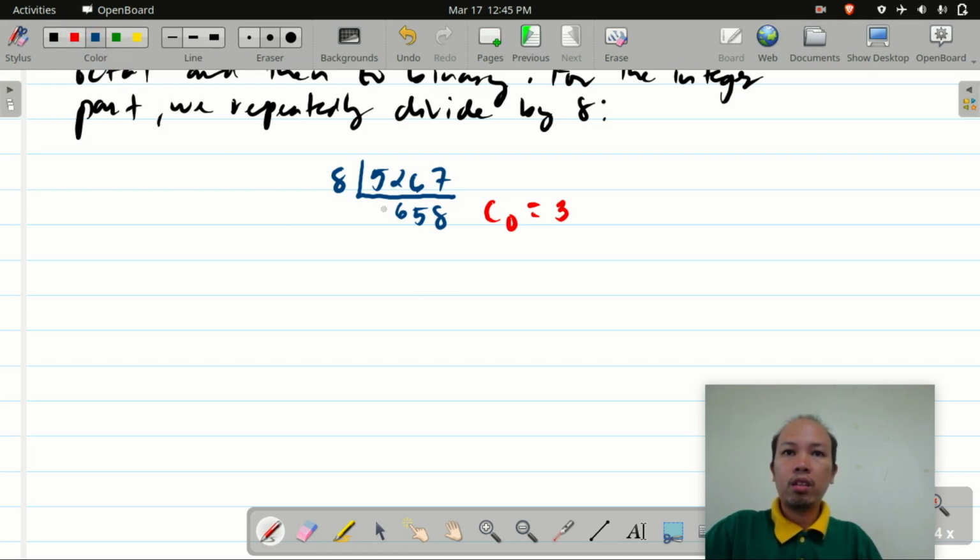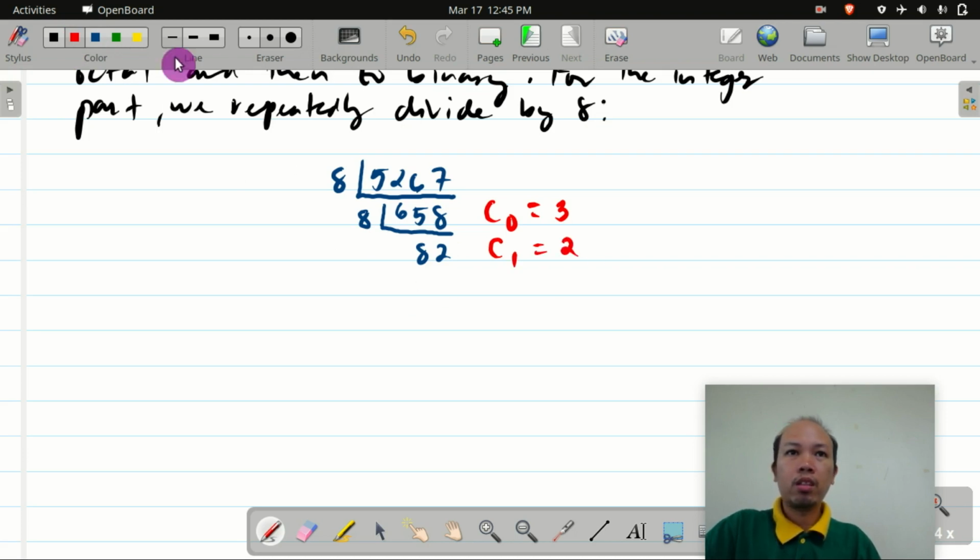Then divide again by 8, just like before. 658 divided by 8, we have 82. 82 times 8 minus 658, so the remainder is 2.